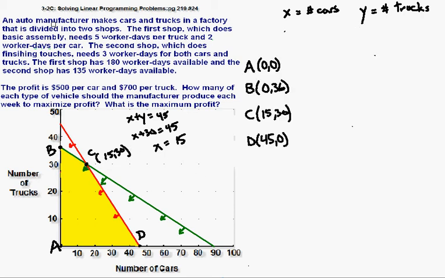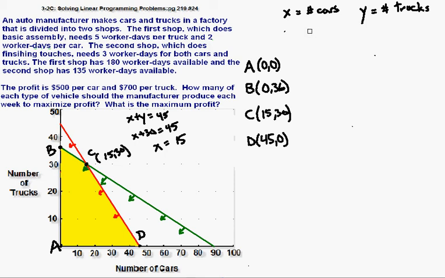Now that I have the coordinates of the 4 points, I'm going to apply my objective function. The profit is $500 per car and $700 per truck. We're trying to figure out what combination of cars and trucks will give us the most profit.